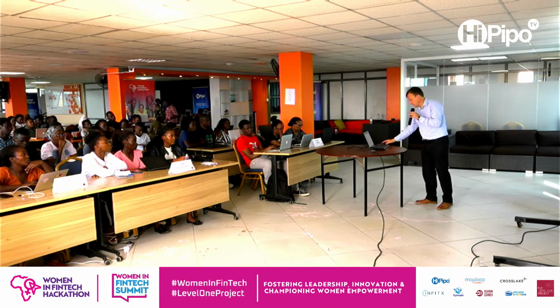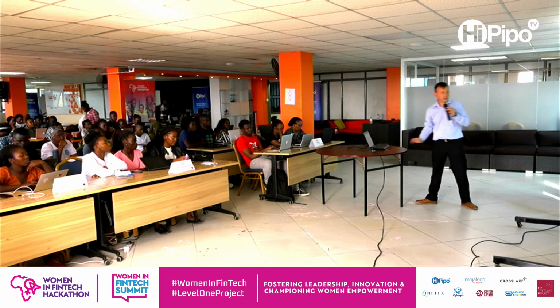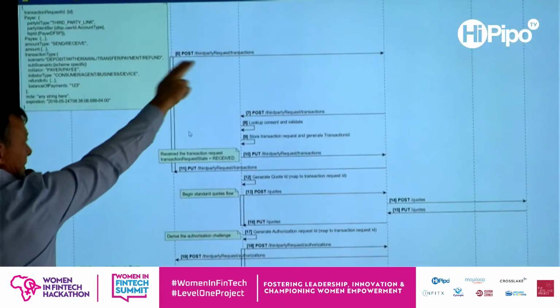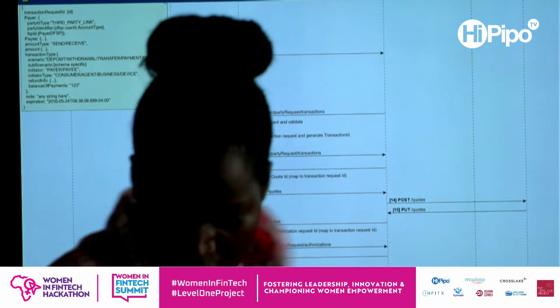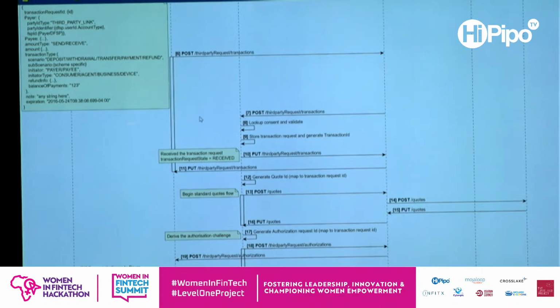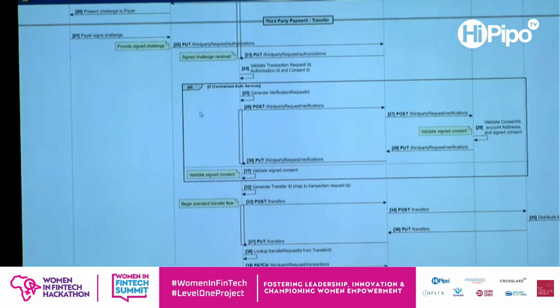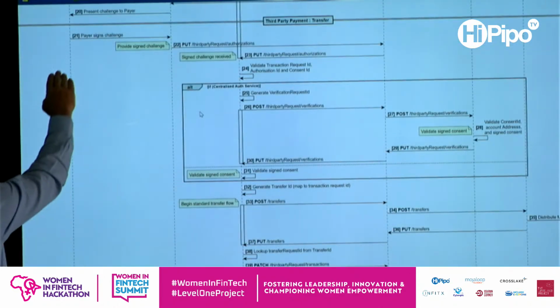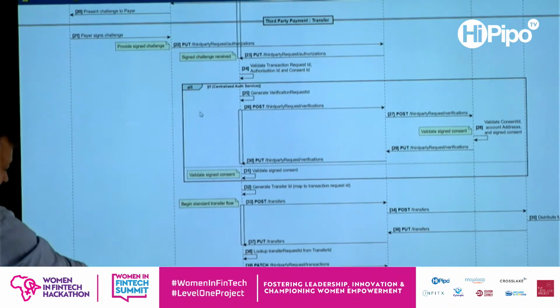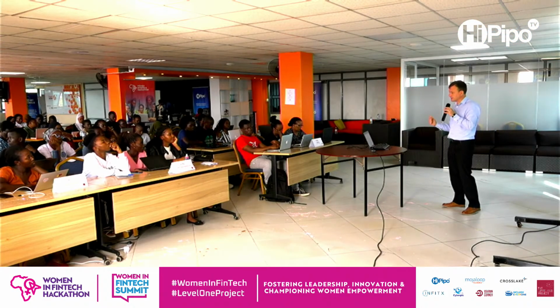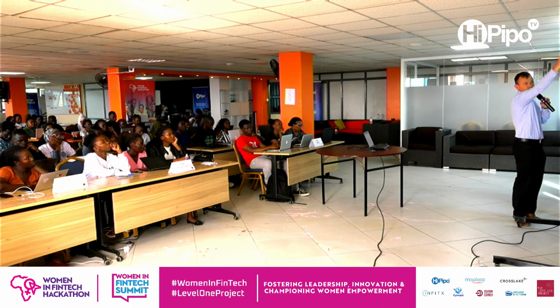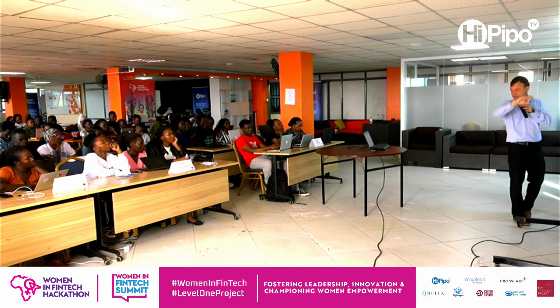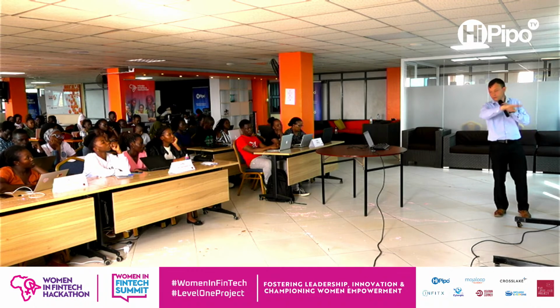The second one is the initiate transfer, which then triggers this part and comes back with present the challenge to the user, a synchronized response. And then the last part of it is the payer signs a challenge, and it gets back that final message to say that, yes, the transfer happened. So we are just simulating these responses, but behind the scenes, what's happening in Mojaloop is all of that detail.